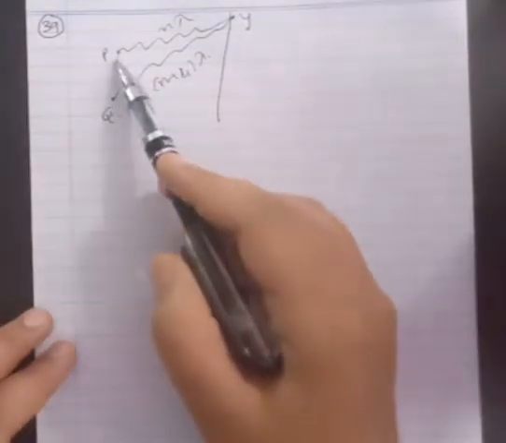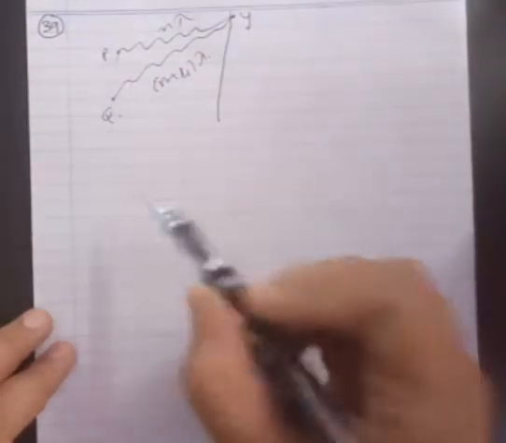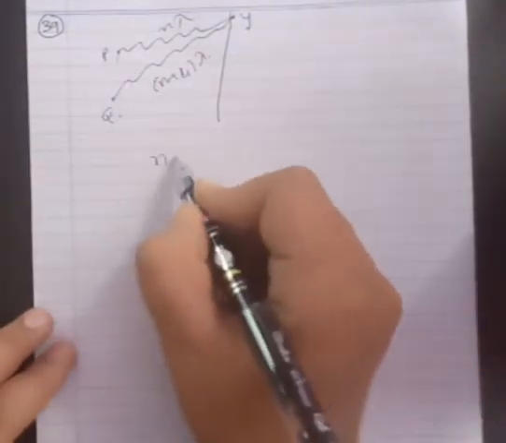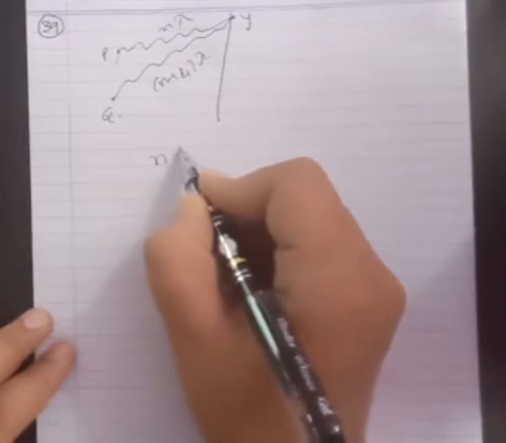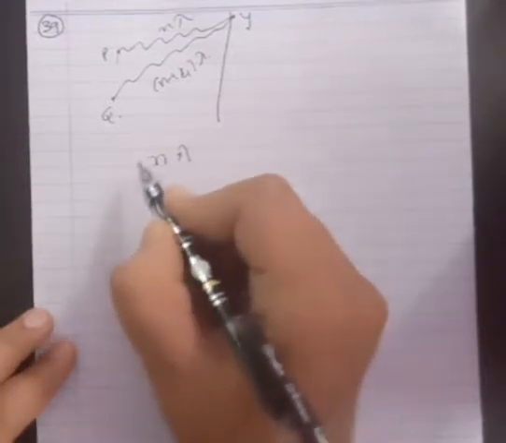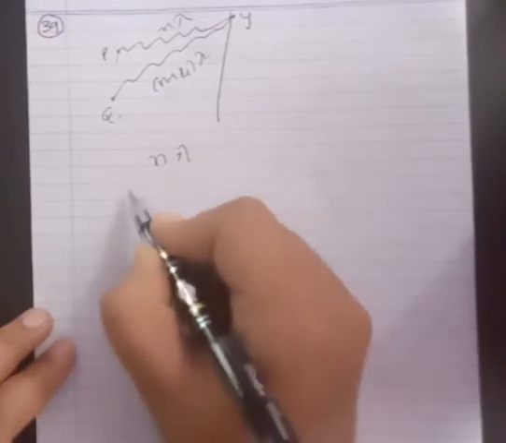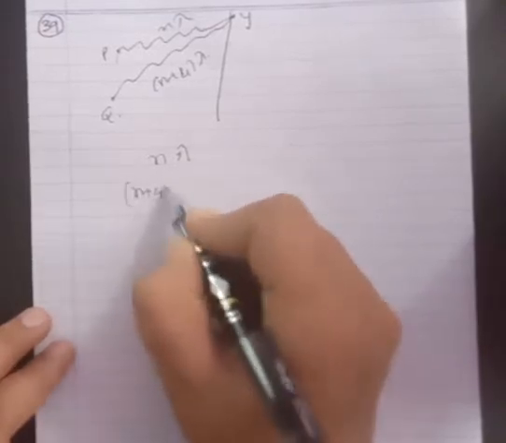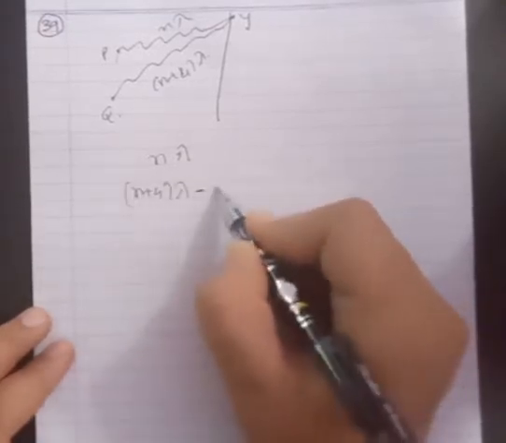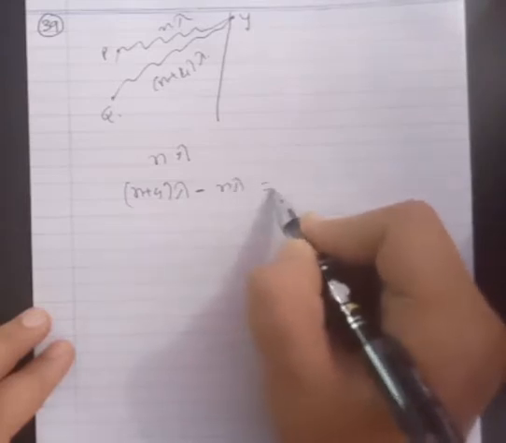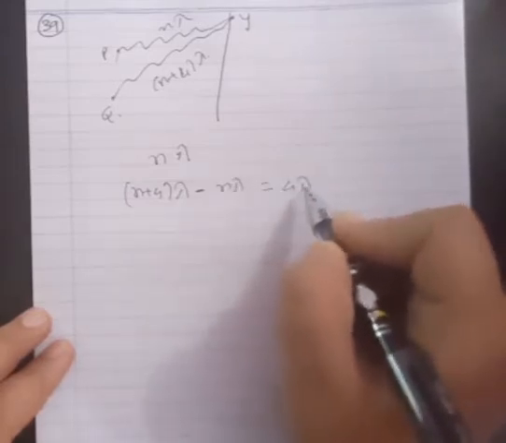The path difference between P and Q is (n plus 4) lambda minus n lambda, that is equal to 4 lambda.